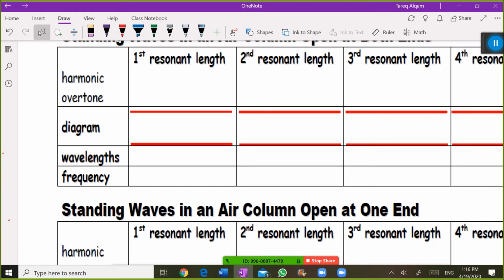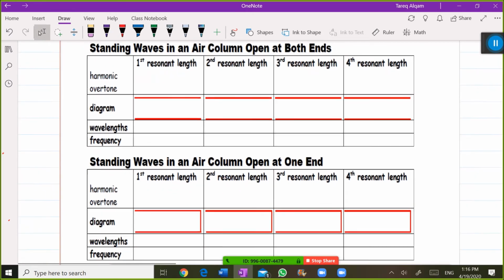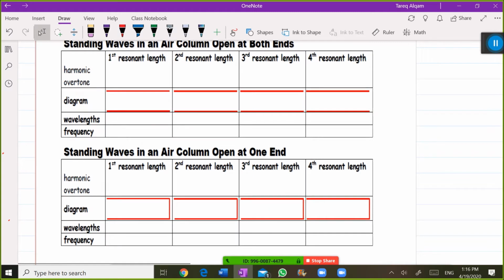Here we have to draw the wave pattern for standing waves in an air column at both ends, open at one end and open at both ends.